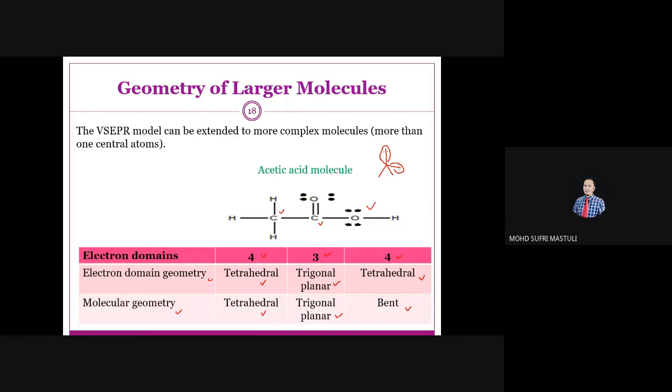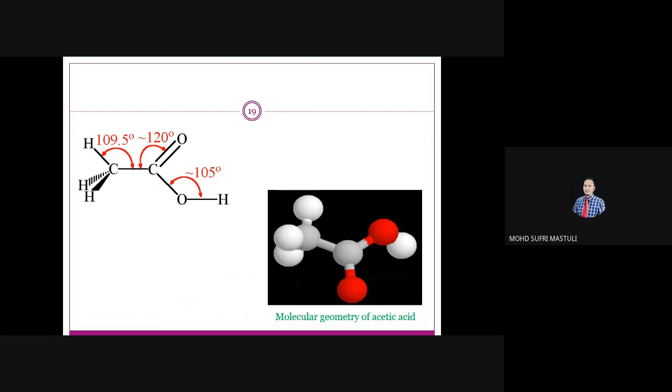Identify the central atom, count the electron domains, determine the electron domain geometry, and then if it has a lone pair, the molecular geometry will differ slightly, depending on the number of lone pairs. So the geometries look like tetrahedral, trigonal planar, and also the V shape of bent. So they have two lone pairs. Okay.